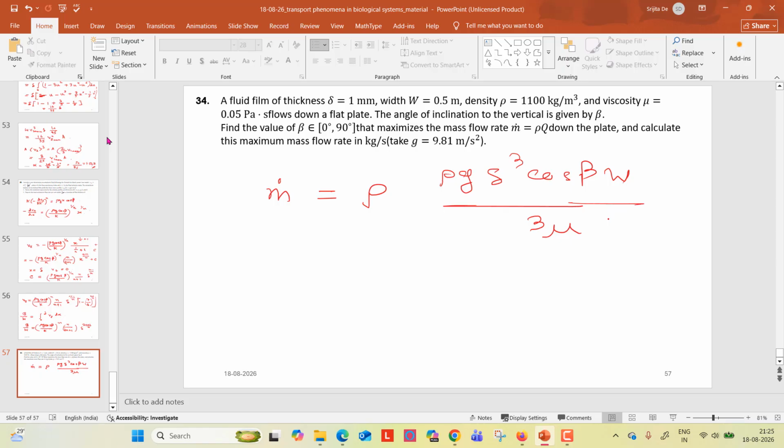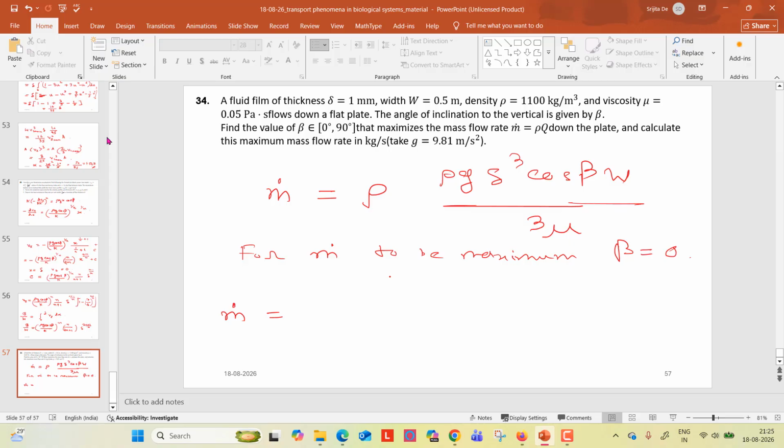So for the mass flow rate to be maximum, beta has to be 0. Okay, so for that case, it is the vertical position.